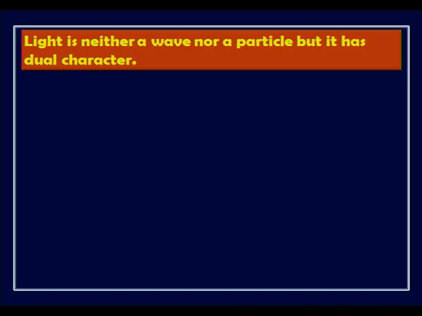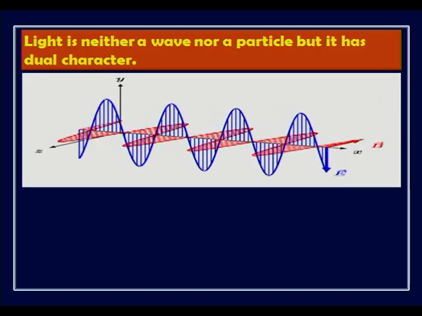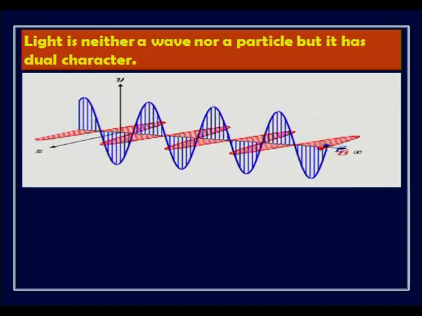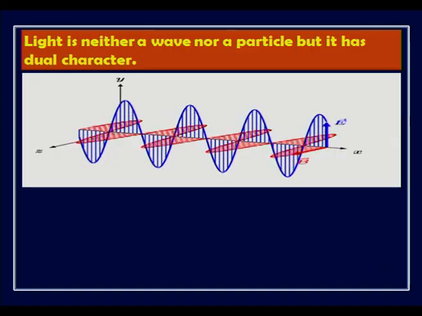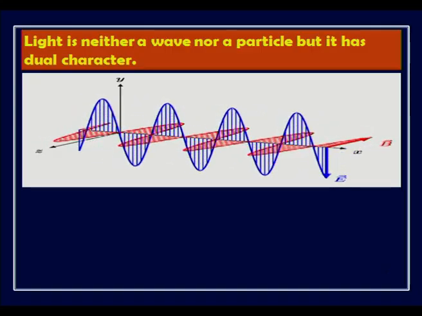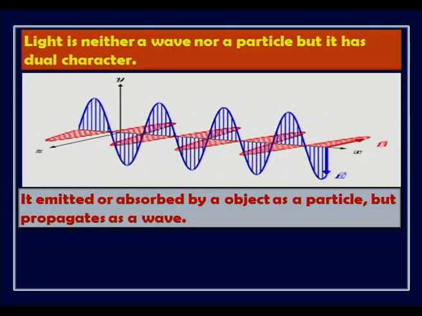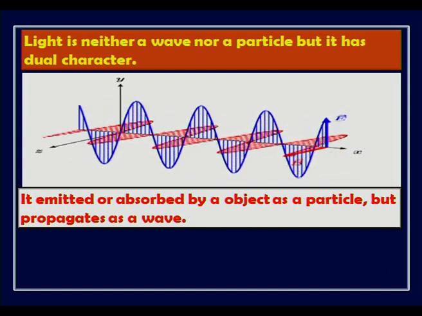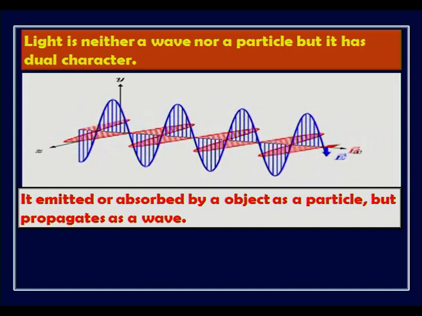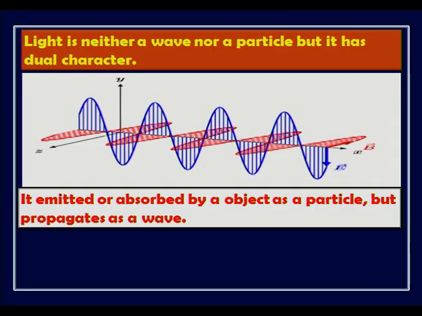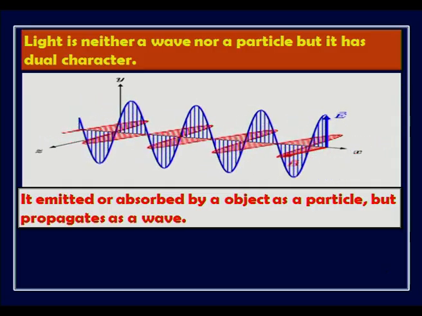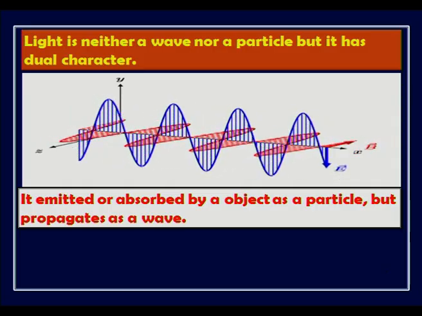Light has particle character as well as wave character. Here we can see light is an electromagnetic wave, it travels in the form of a wave. It is emitted or absorbed by the object as a particle, but it propagates as a wave.